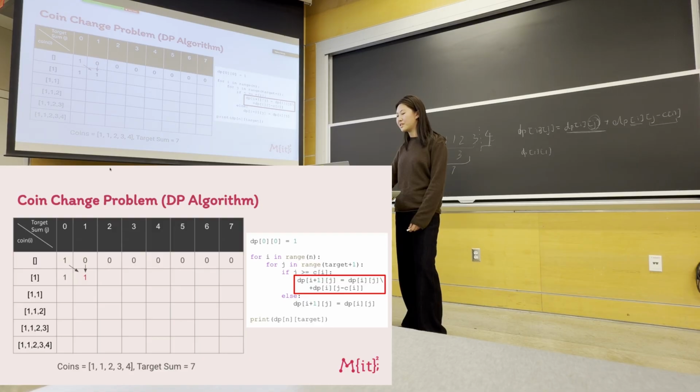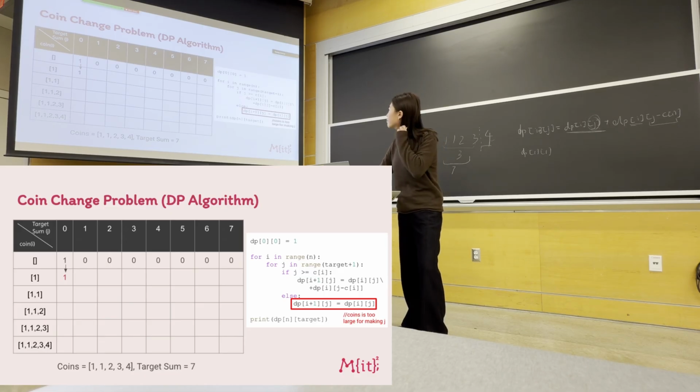One way is to use it, which means we just use this one coin, and there will be one way to do it. Another way is that we're not using this current coin. However, with that we cannot make it, so it would just be 0, and then we add them together to get the total cases.